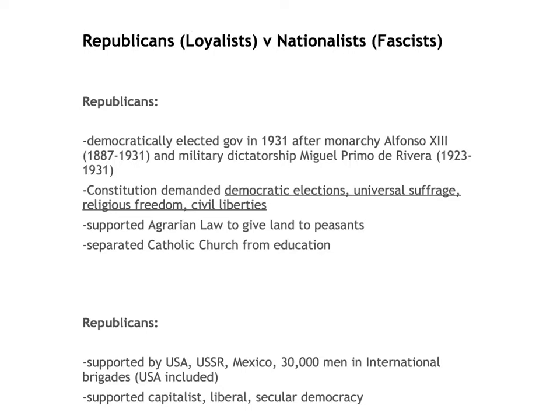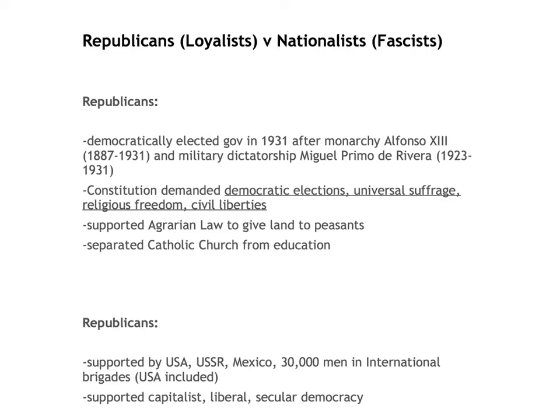And so for the first time they had a constitution that required democratic elections, the vote, universal suffrage for all people, including peasants, religious freedom, separation of church and state, and education in the church, and protection of individual civil liberties. I mean, very much an American democratic cause here.